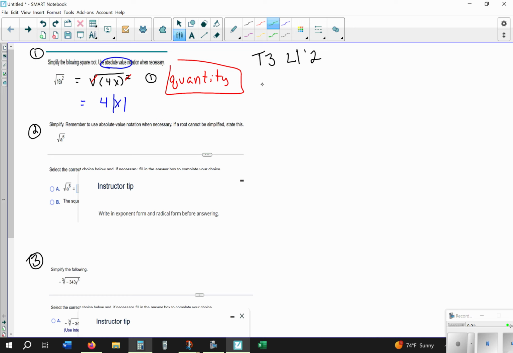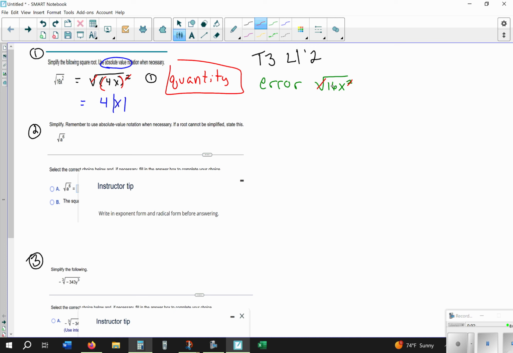One of the errors that I saw was something like this. So this is an error to come in and do this, because when we do that, it's all about the quantity. It's all about it being in parentheses.